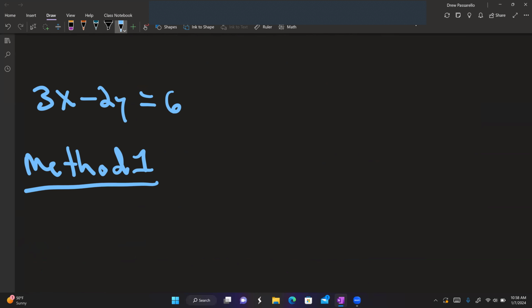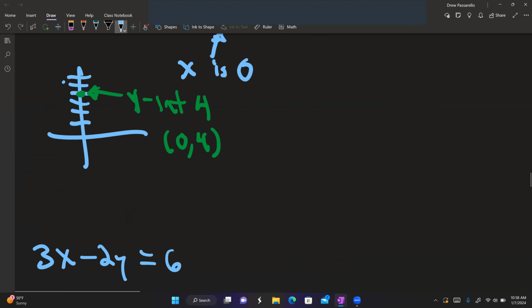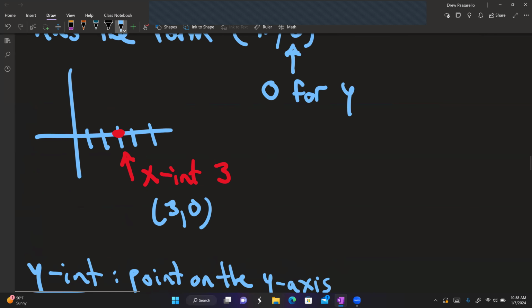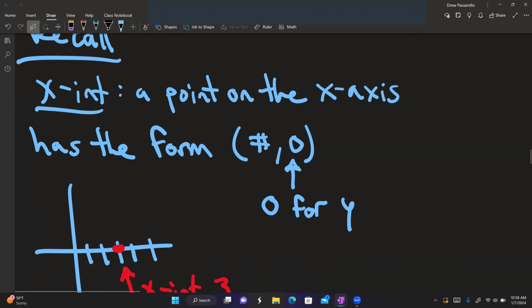So first, I'm going to find the x-intercept. And you can get that from an equation by knowing our knowledge for x-intercept. The x-intercept always has 0 for y.